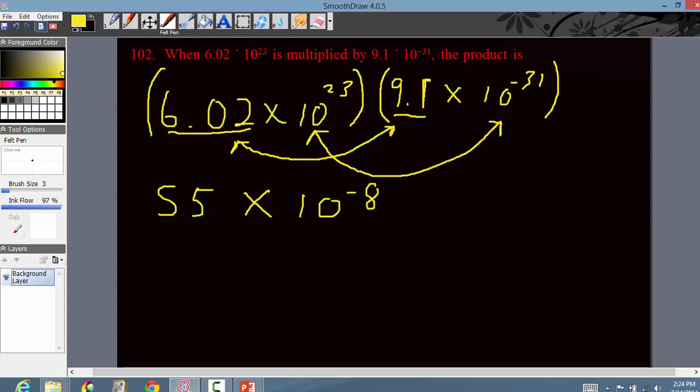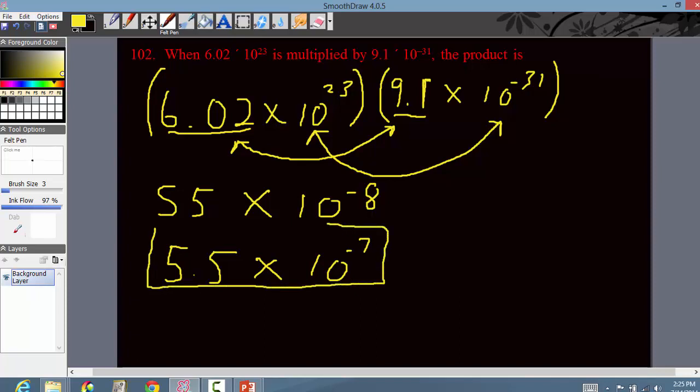But once again, I'm not quite there yet. I've got to convert 55 to 5.5. That means I've got to change my exponent to minus 7. Now I'm in business.